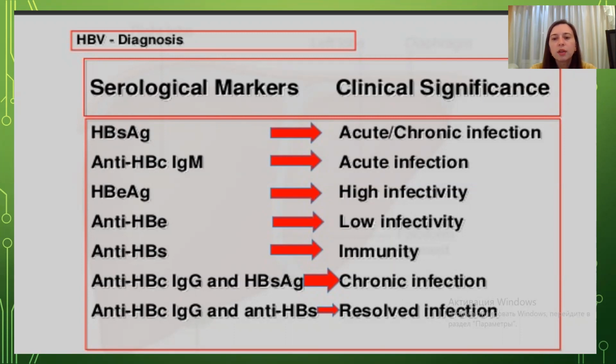Anti-HBe characterizes low infectivity. Anti-HBs characterizes immunity. Anti-HBs immunoglobulin G and HBs antigen characterize chronic infection, and anti-HBc immunoglobulin G and anti-HBs characterize resolved infection.